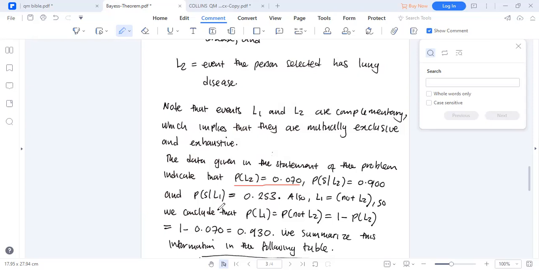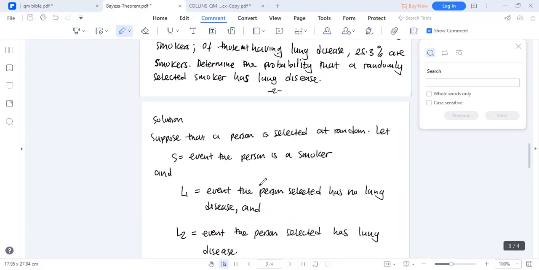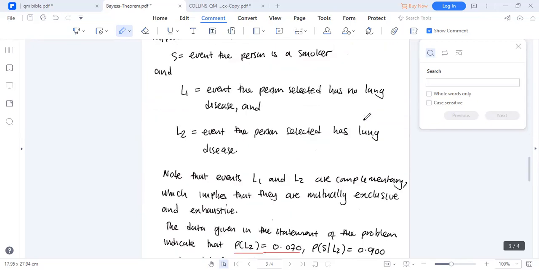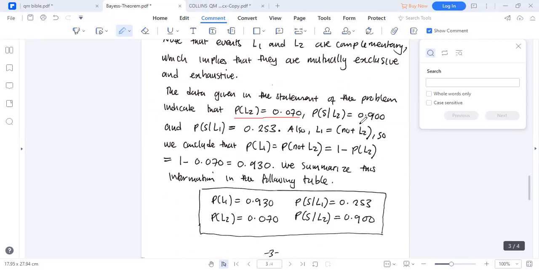And we're also told that 25.3% of people who do not have lung disease are smokers. So simply, this means that a smoker who has no lung disease is 25.3%. So using our table to simplify issues, our prior probabilities.